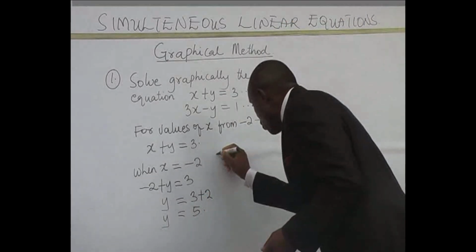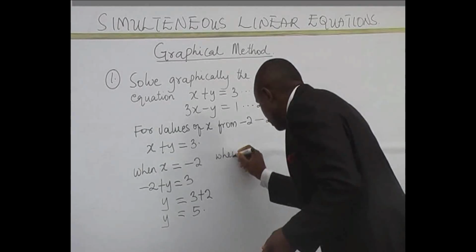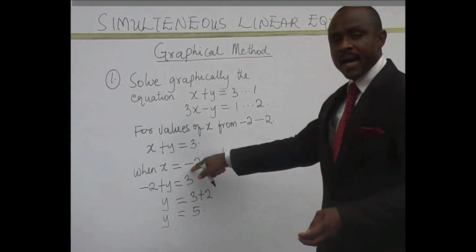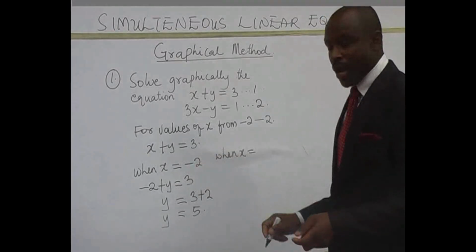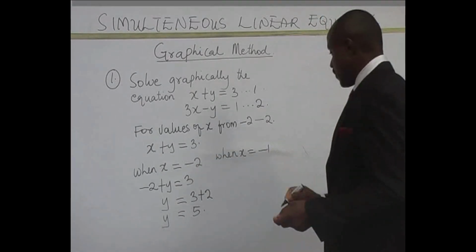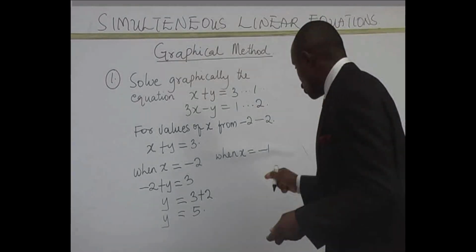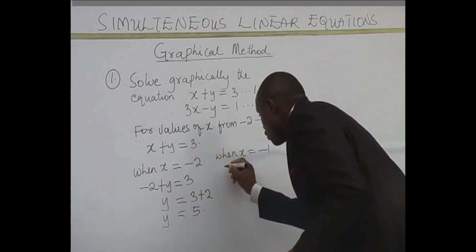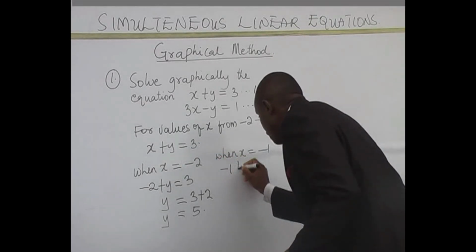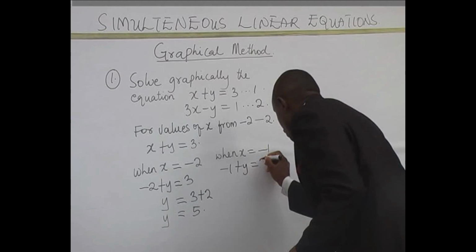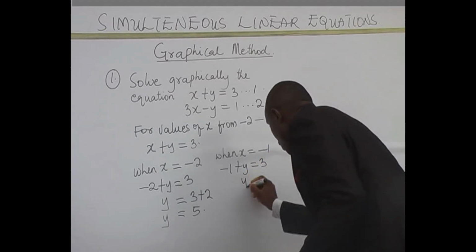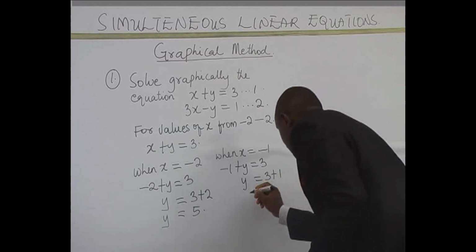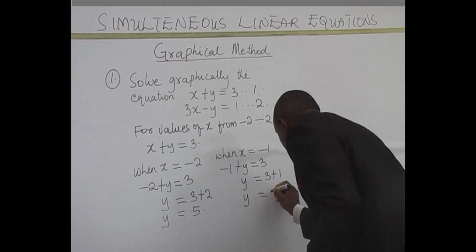The next one is when x is, the next number after -2, which is -1. So when x is -1, begin to substitute -1 as the value of x in the equation. You're going to have -1 plus y is equal to 3. That means y is equal to 3 plus 1, y is equal to 4.